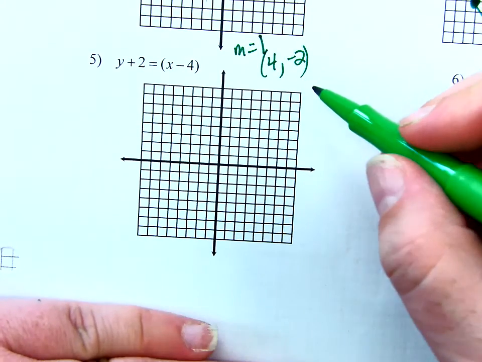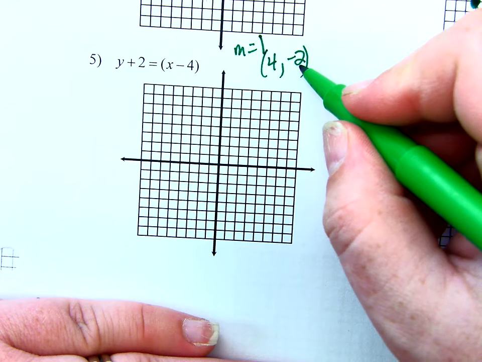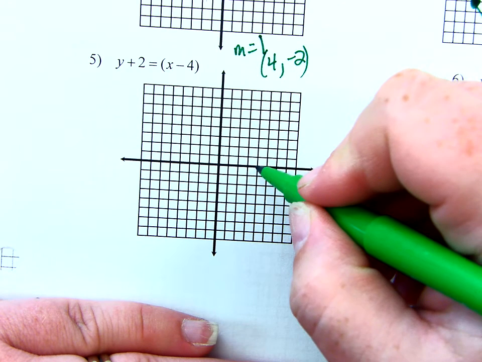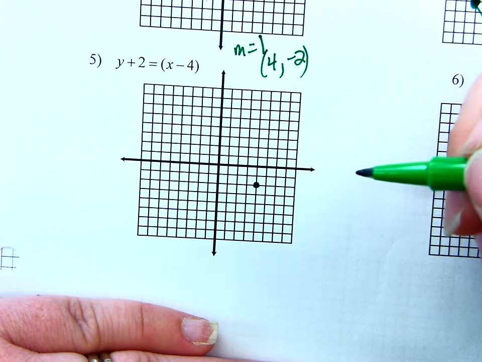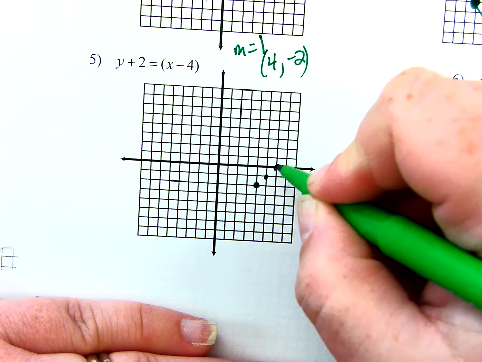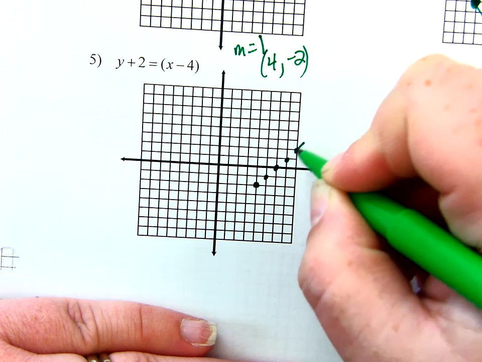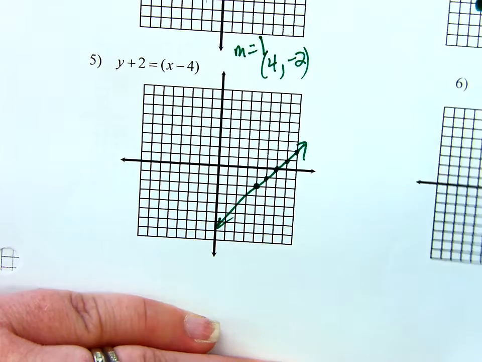So I'm going to start at (4, -2). That means go to the right 4, down 2. That's where we should have started for number 5. And then I can follow my slope, up 1 over 1. So that's that one.